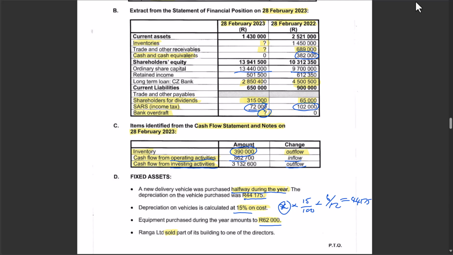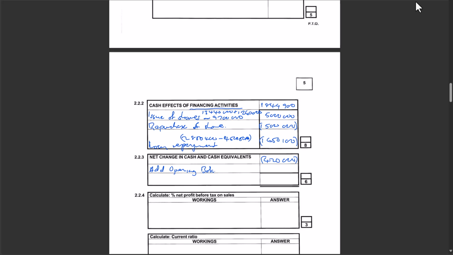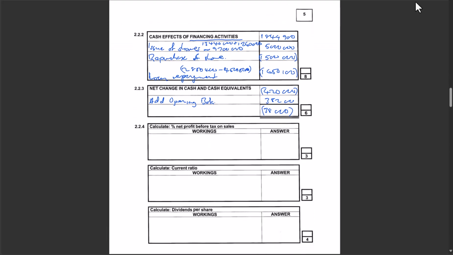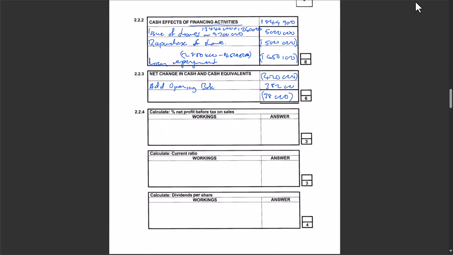So you add 382,000, and you get a closing balance of 38,000 overdraft. That's an overdraft.